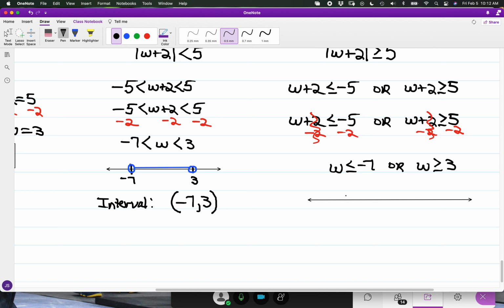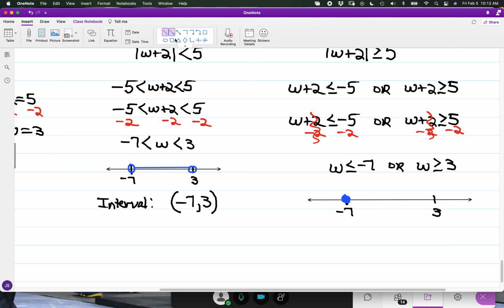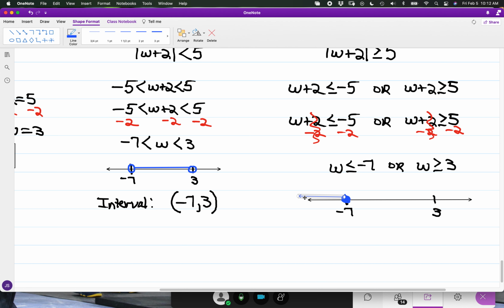So we have, once again, the numbers concerned, negative 7 and positive 3. For w is less than or equal to negative 7, the equal sign signals that negative 7 is included. So we're going to have a closed point. So we have the w is equal to negative 7 portion. And for the less than part, again, there's going to be a ray running to the left and continuously going in the direction of negative infinity.